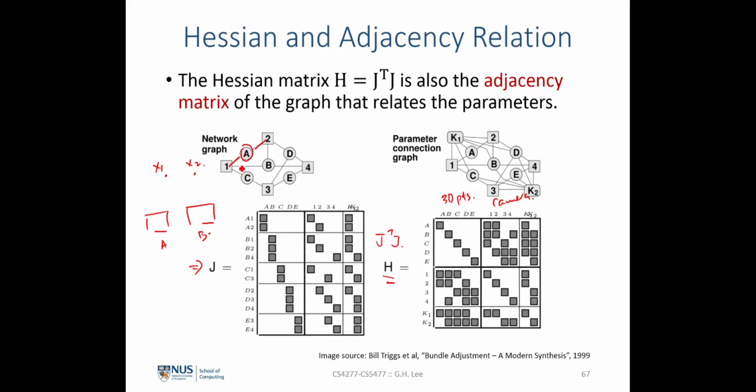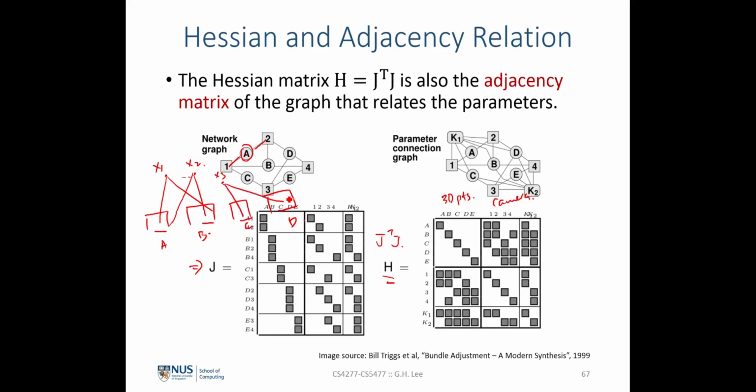So in this graph, it simply means that x1 is seen by both images and x2 is also seen by both images. But x3, for example, is not seen by either of these images, but x3 is actually seen by C and D. That is the third and fourth camera.